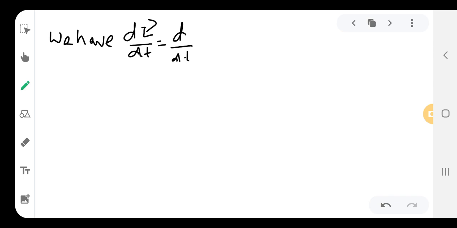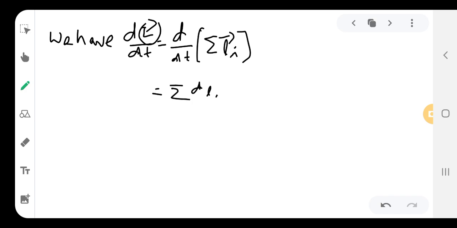Therefore we have dL vector by dt equals d by dt of the summation of Li vector. We take the summation outside, so this is the summation of dLi vector by dt.